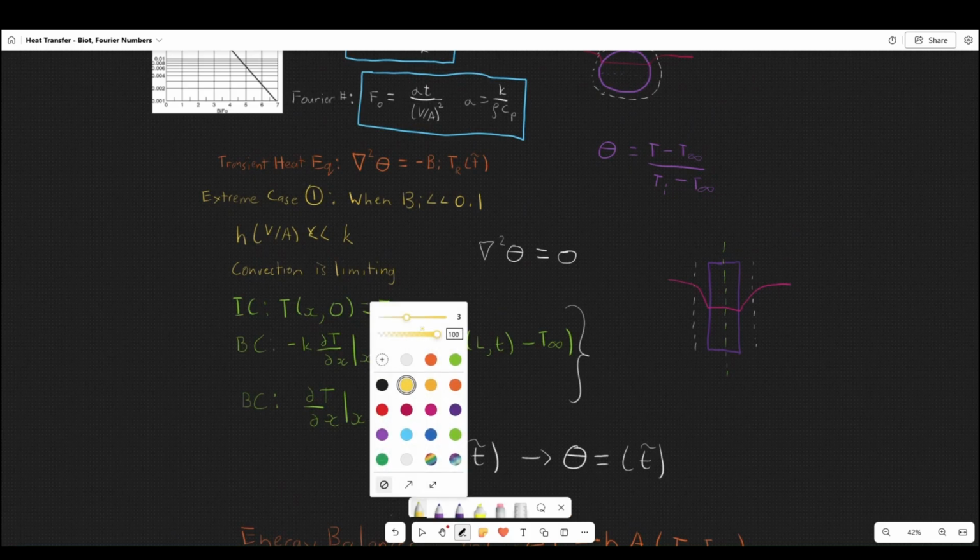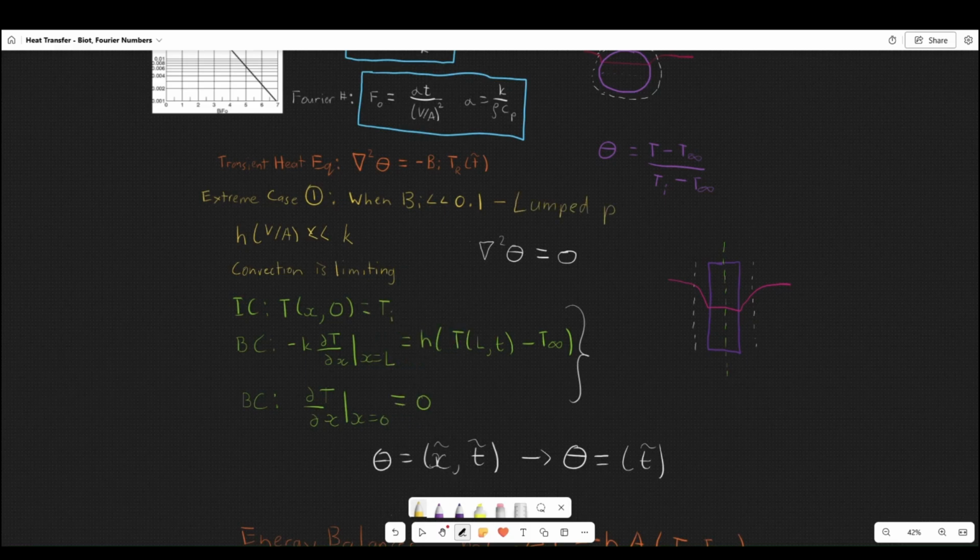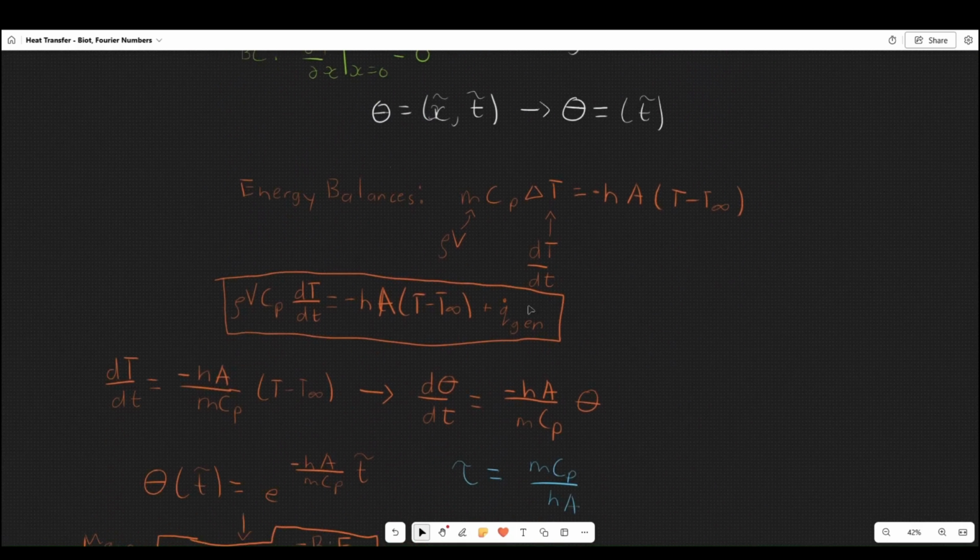So let me write that down. Lumped parameter analysis. When the Biot number is really small, we can do this, and when the Biot number is really large, we can do this.